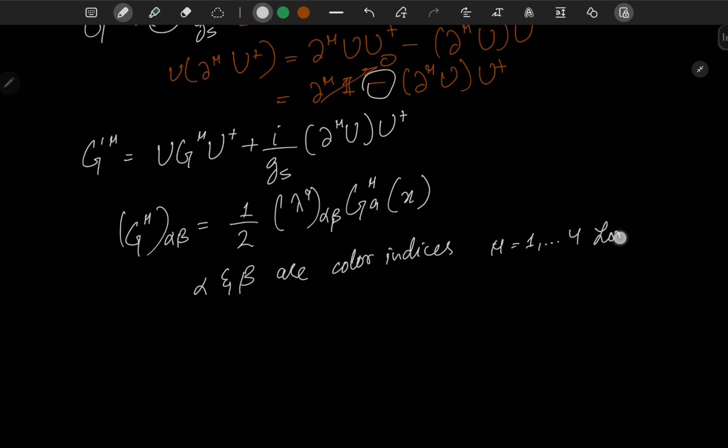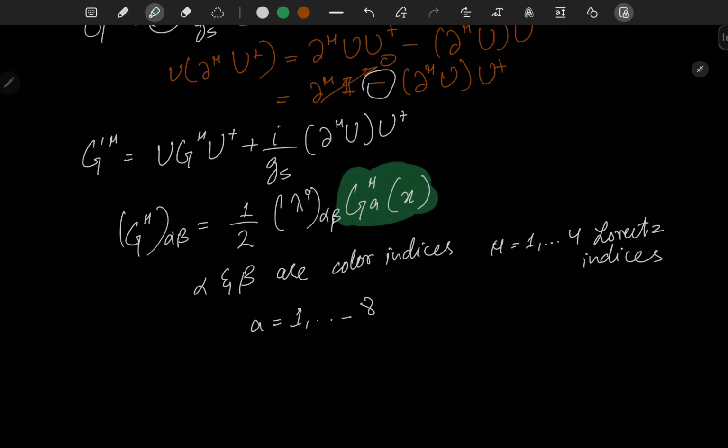These are Lorentz indices, and A goes from 1 to 8, and these are the 8 gluon fields. And this term right here, let's highlight it. This is the representation of gluon fields in terms of its components. Let's move on.